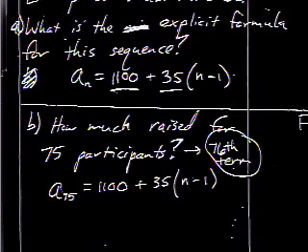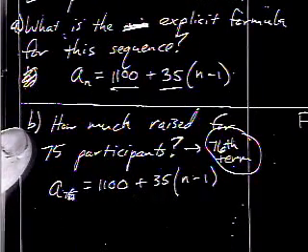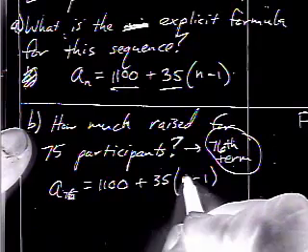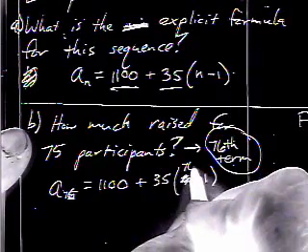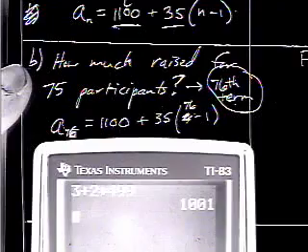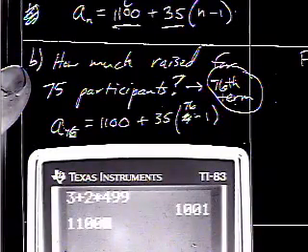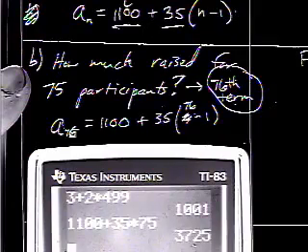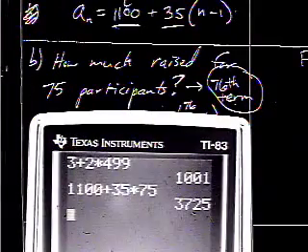Right? Because the first term is 1100. That includes 0 participants. So we really need to change this to a 76. And we need to make this n a 76. So 1100 plus 35 times 75 makes a grand total of 3,725.